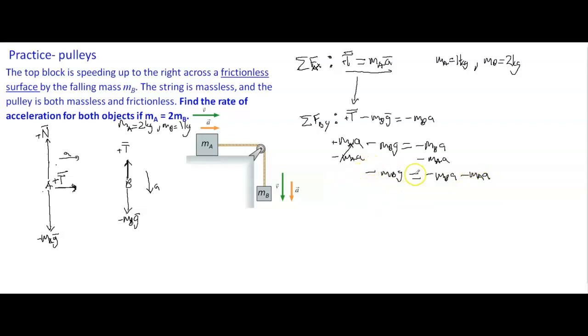So I have negatives everywhere. You can multiply through by a negative, and you just get positives everywhere. Okay.